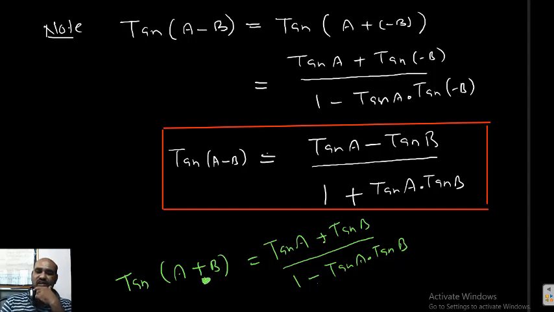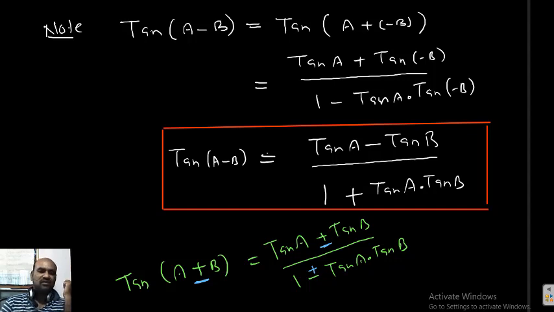Here minus means here you are getting minus, here plus. That's why what I can write now students, listen here. Tan of A minus B equal to tan A minus tan B by 1 plus tan A into tan B. So how can you write tan of A plus or minus B equal to tan A plus or minus tan B by 1 minus or plus tan A into tan B.